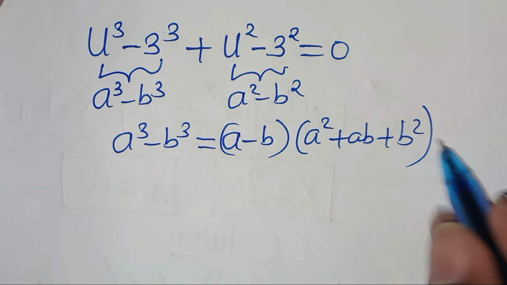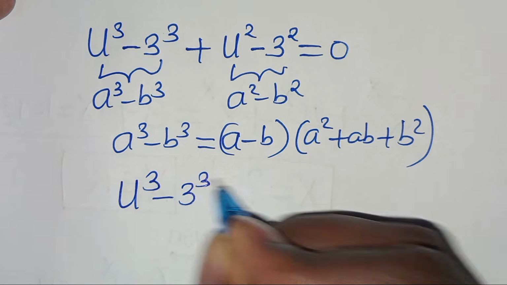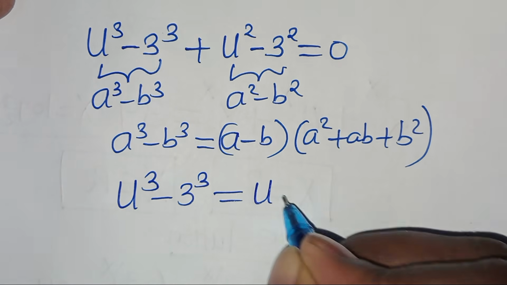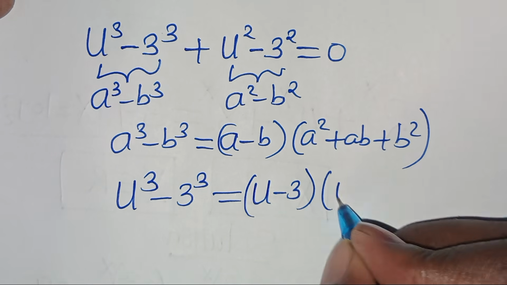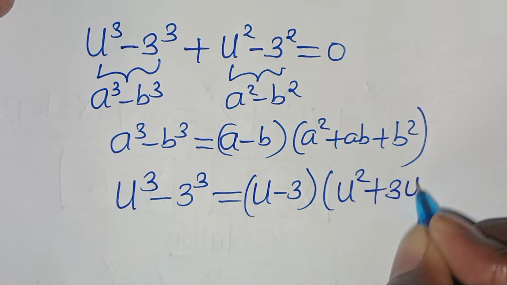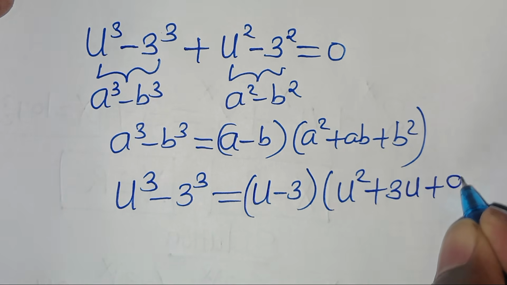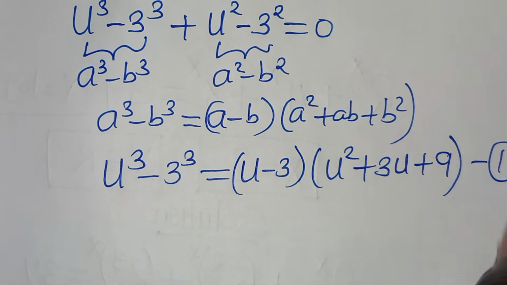Now applying this identity, then we have u to the power of 3 minus 3 to the power of 3. This is the same thing as u subtract 3 into the parentheses, this is u to the power of 2, then plus 3 times u, this is 3u, then plus 3 squared, this is equal to 9. Let's call this the first part.